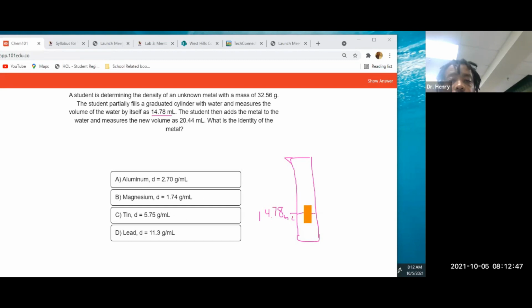Okay, so then it goes up to 20.44 milliliters.